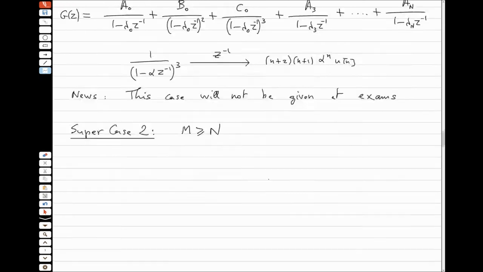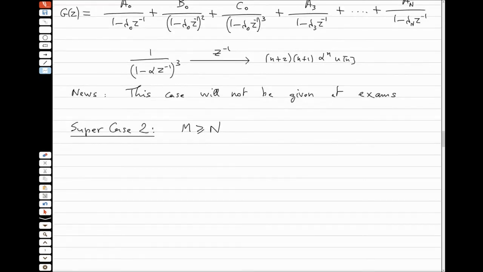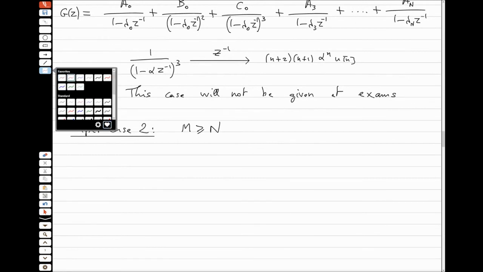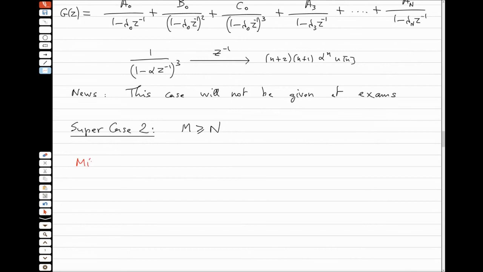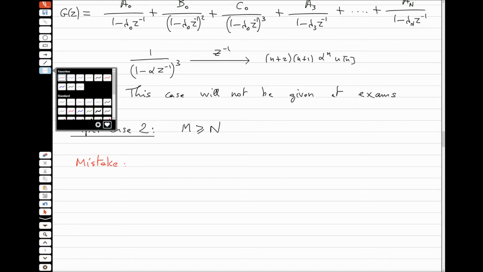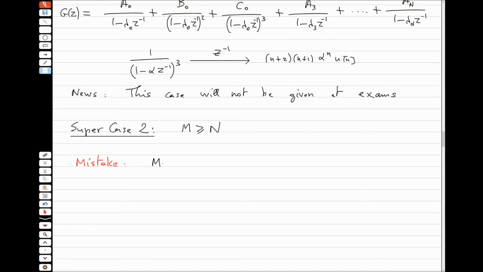Now, let me tell you, immediately there's a mistake that students make. At exams, sometimes I tell you in advance what I give. I like to give the case m equals n.